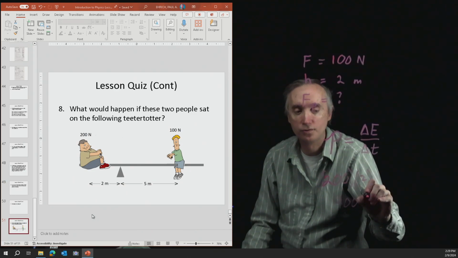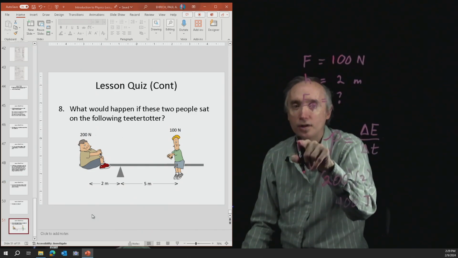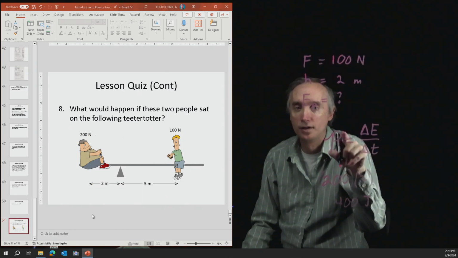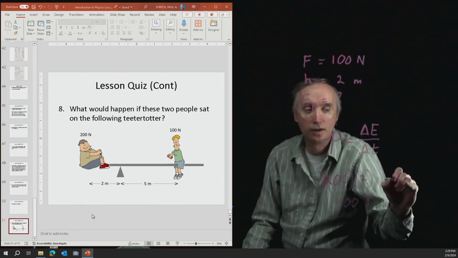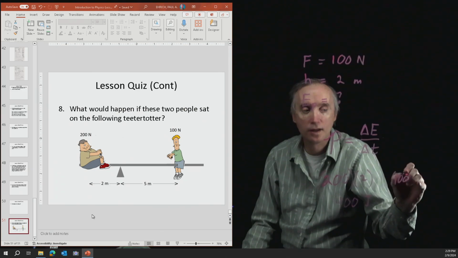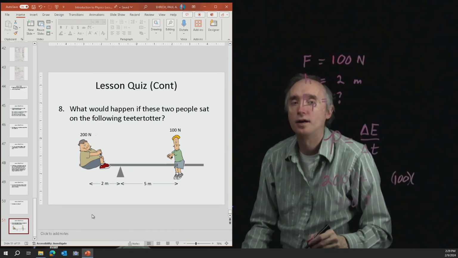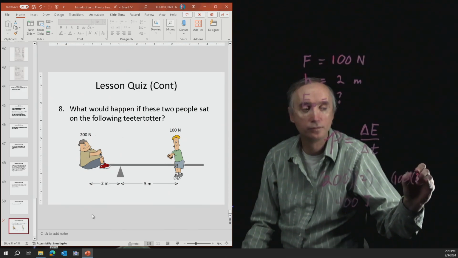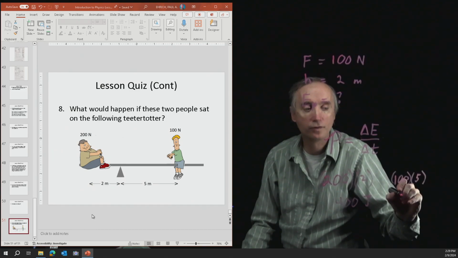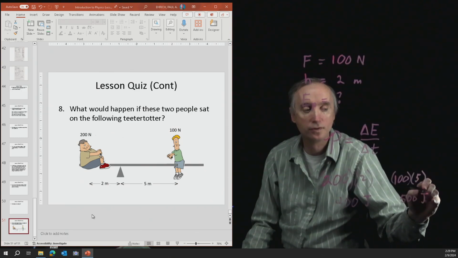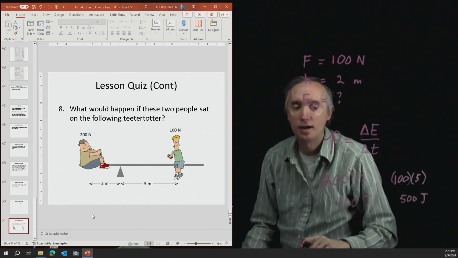So 400 joules of energy. Now let's look at what's happening on the other side. So the other side is going to be 100 multiplied by 5. And so this one over here is going to be 500 joules of energy.